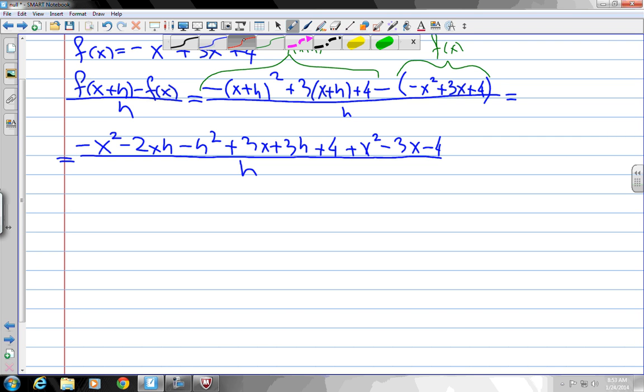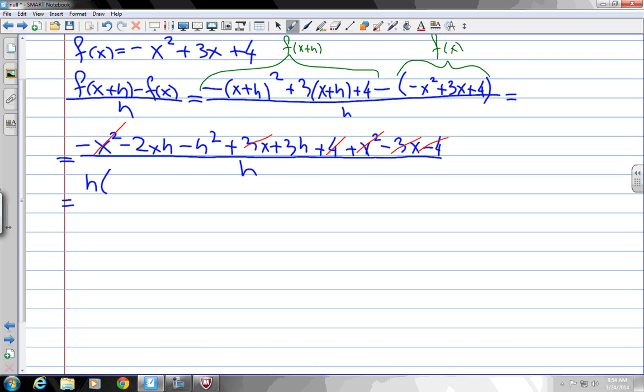Yeah, so a bunch of stuff cancels. X squared cancels, 3x's, and 4's. So everything went away. Now, if you notice, there's at least one h in each term in the numerator, right? So we can factor out that h.